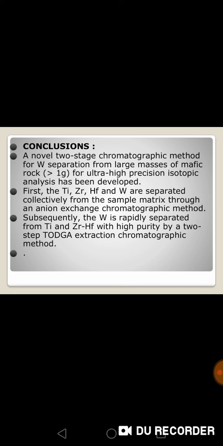So first we eluted all these four elements, and subsequently tungsten is rapidly separated from the titanium and the mixture of zirconium and hafnium with high purity by two-step TODGA extraction, as we have mentioned in the previous slides.